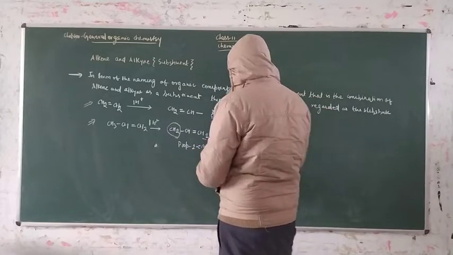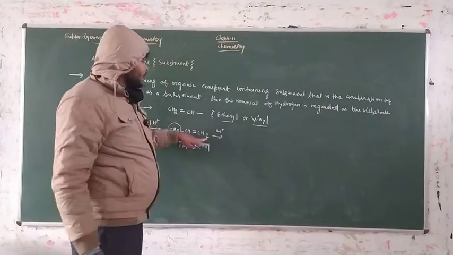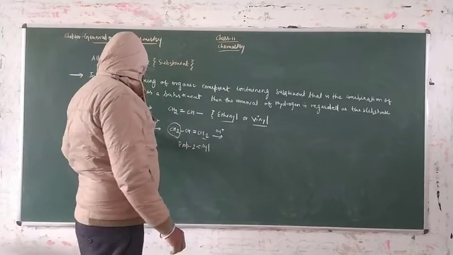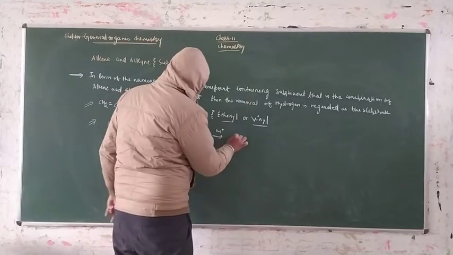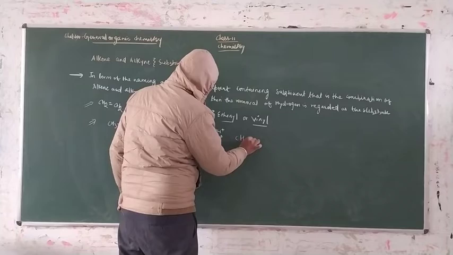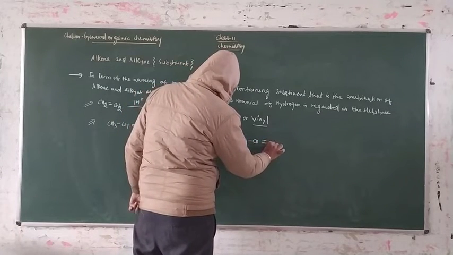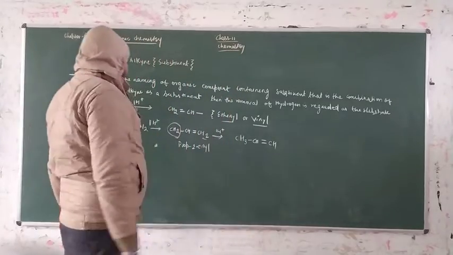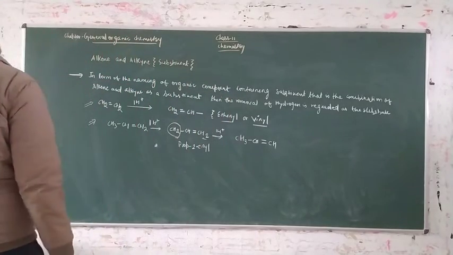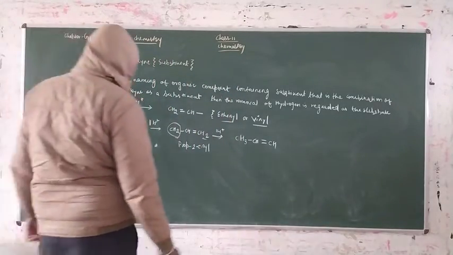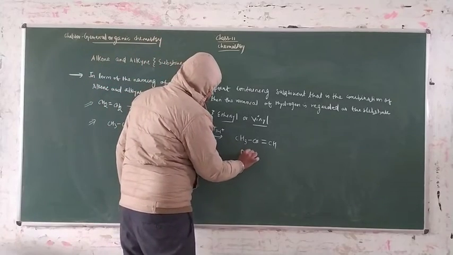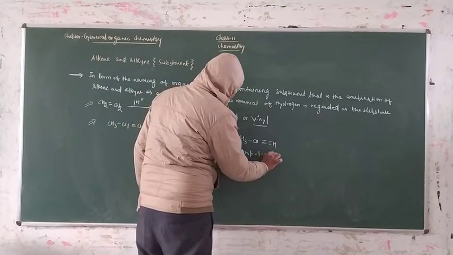When you remove the hydrogen from this condition, you have represented the formation CH=CH, and the naming of this compound we retain here. This is prop-1-enyl.